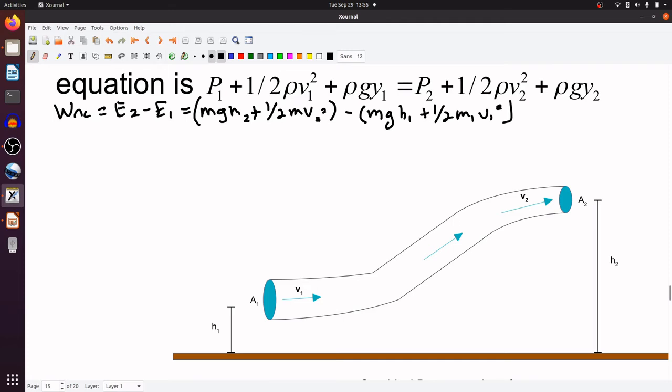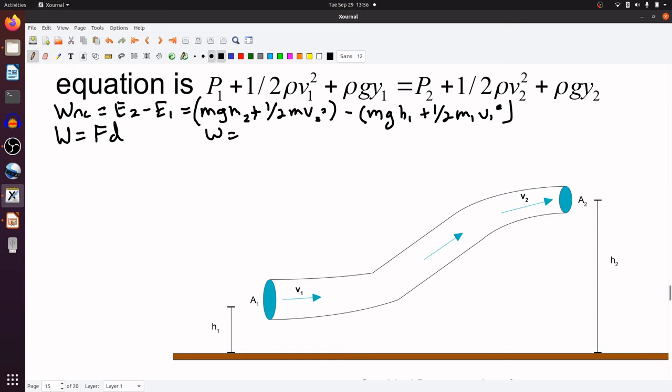Now, what I want to do is relate this to pressure. So how do I do that? Well, I know that work is force times some displacement, right? And we also know that pressure is equal to force over area.